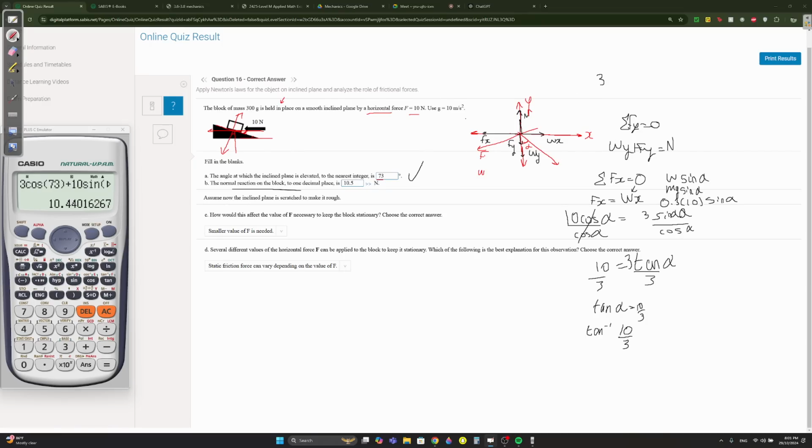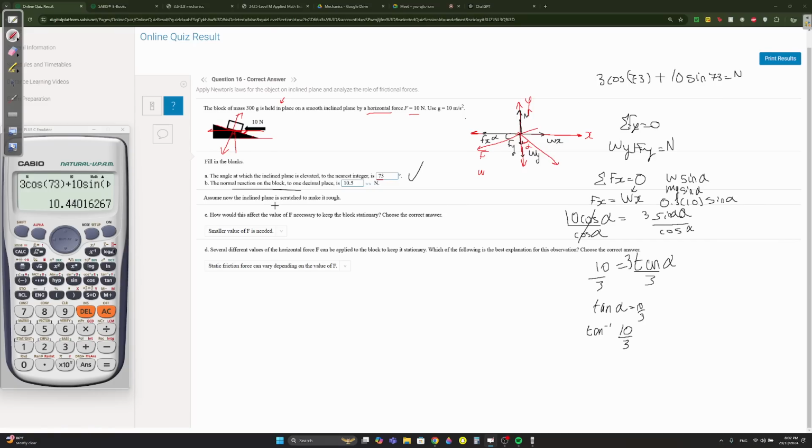We said mg is 3, so 3 cosine 73, plus Fy, which is the force 10 times sine, since the angle here is with the x-axis. What's alpha? 73, so since it's y, sine 73, is equal to N, and you're going to get 10.4.